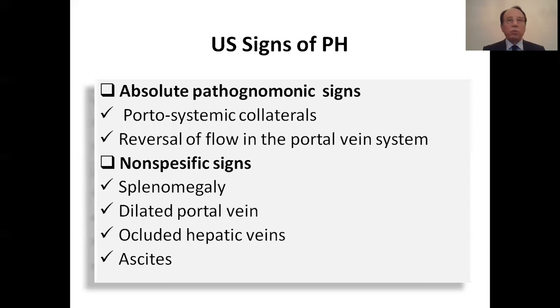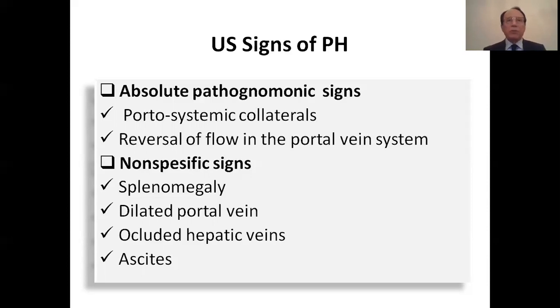There are two signs which are 100% pathognomonic for the diagnosis of portal hypertension. The first one, portosystemic collaterals, such as paraumbilical vein, splenorenal collaterals, coronary vein, and others. And the second sign is reversal of flow in the portal vein system.